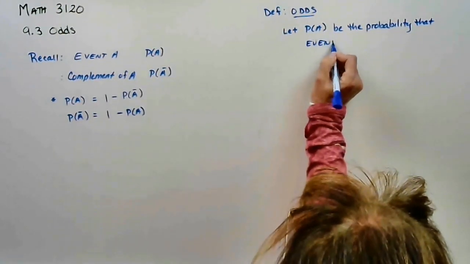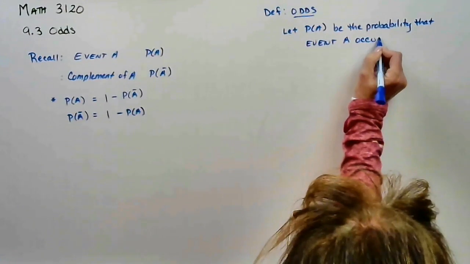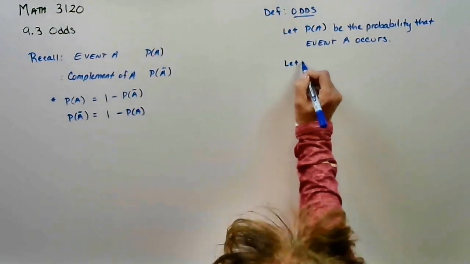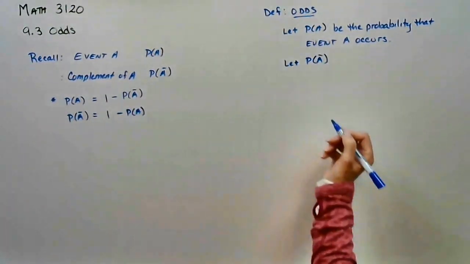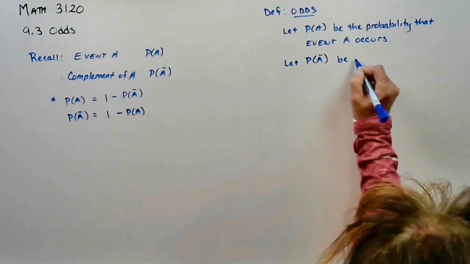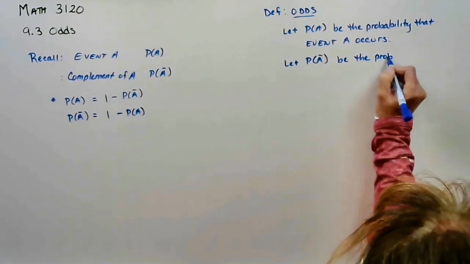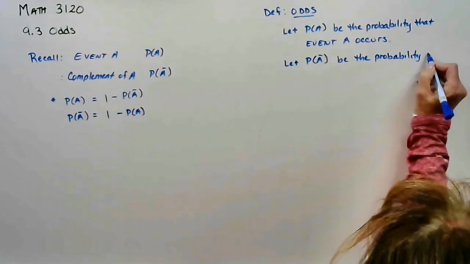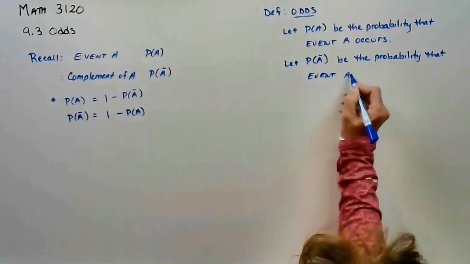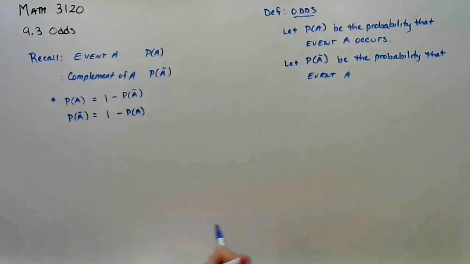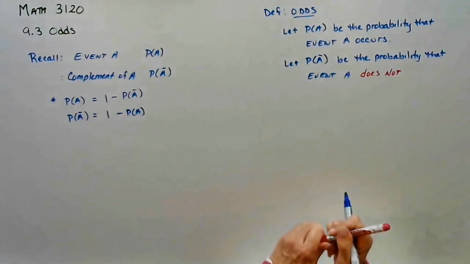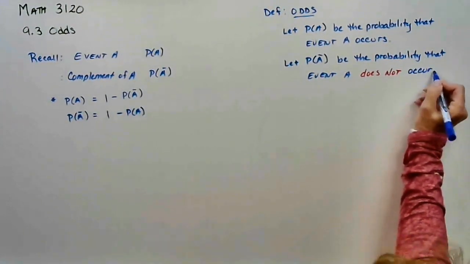And let the probability of the complement be the probability that event A does not occur.